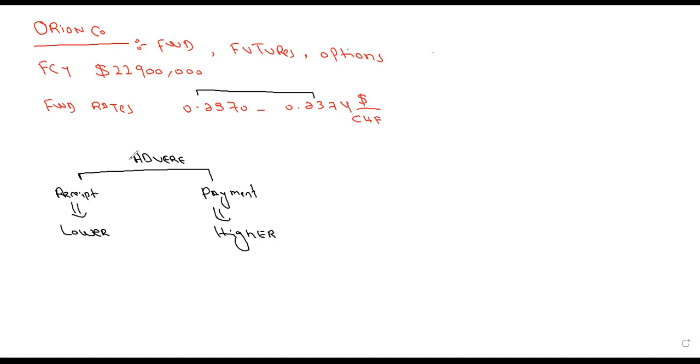This is your ultimate purpose. Like, let's apply. This is the foreign currency receipts. It means that the receipts answer should be lower.